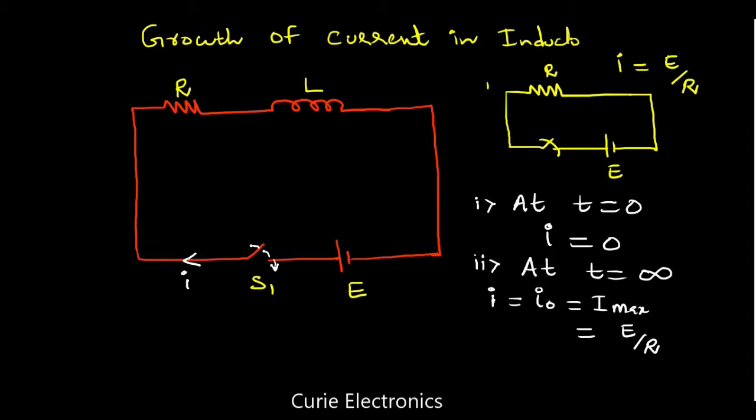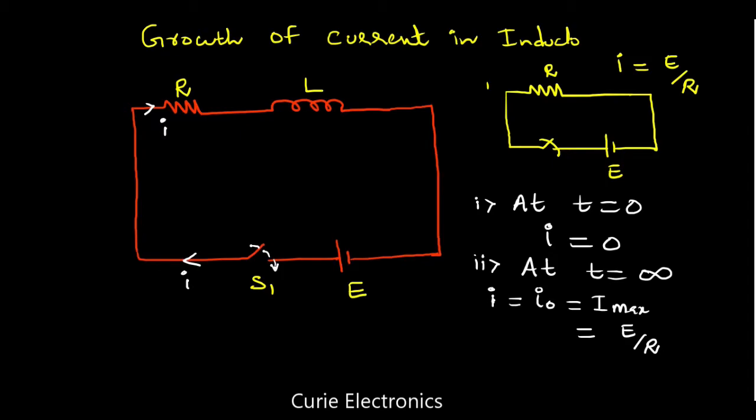Before doing that, let us understand what happens in this circuit. When we close the circuit, current I flows through the circuit and through the resistor also. But when it reaches the inductor, the inductor opposes the change in current.